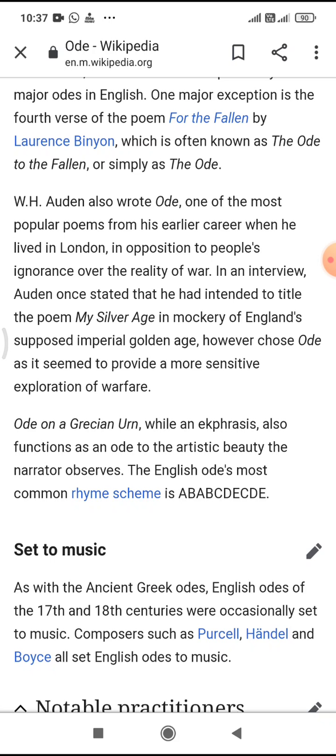Composers such as Purcell, Handel, and Boyce all set English odes to music.